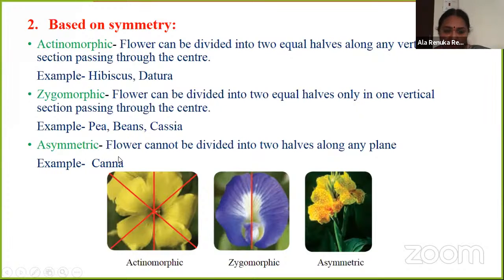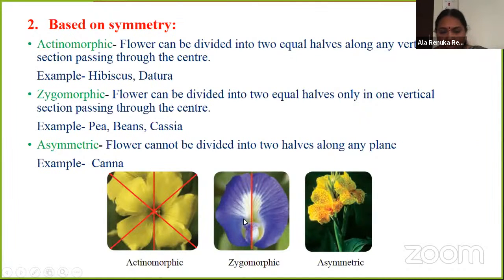And if a flower can be divided, in this case you see, into two halves along only one vertical plane passing through the center, we cannot divide it into two equal halves in any other way.